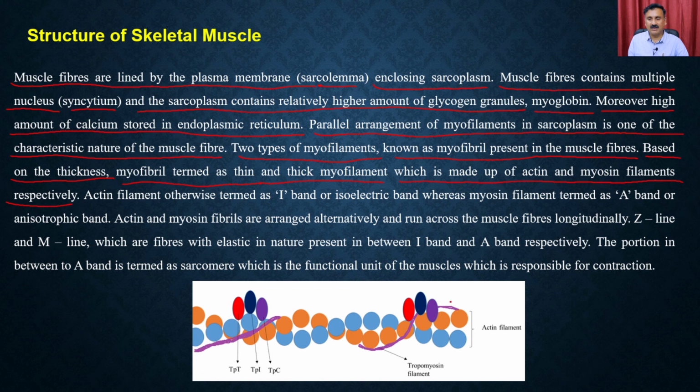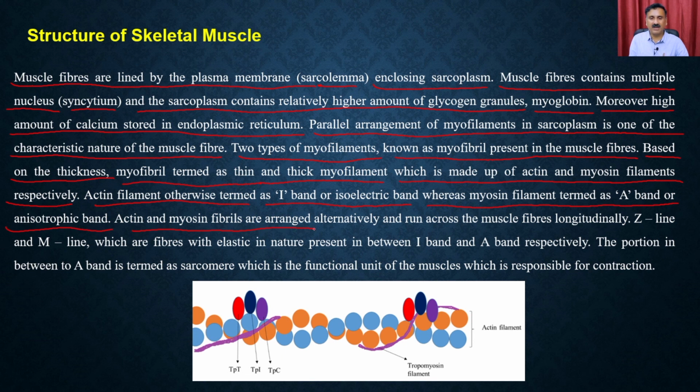What you see here is the actin as well as the myosin. The actin filament is otherwise termed the I band or isotropic band, whereas the myosin filament is termed the A band or anisotropic band.